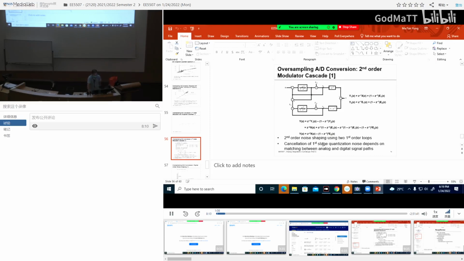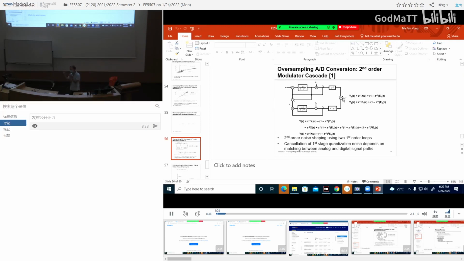The important thing to realize here is that we do this to cancel the quantization noise of the first stage, E1, okay? E1 is cancelled, all right, by this digital summation circuit. And the cancellation is not perfect because part of it is in the analog side, the combination is in the digital side, okay?